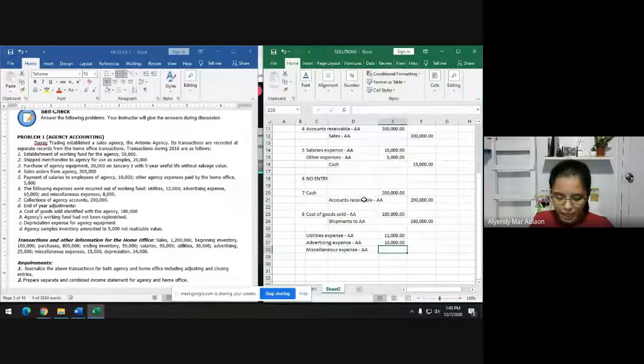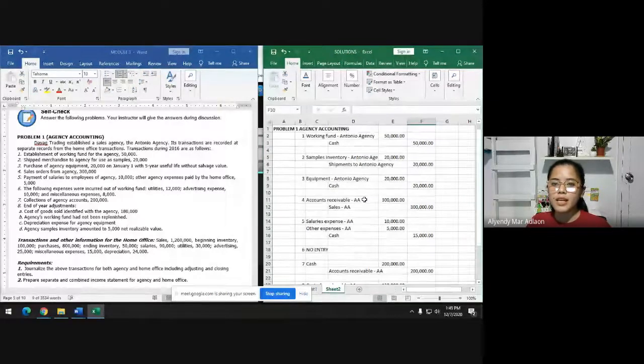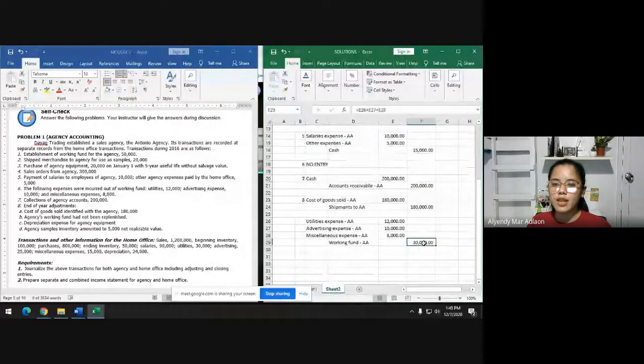So class, again, if it is replenishment, we record the expense and then credit cash. If it is not replenished, what we are going to do is deduct the balance of the working fund. So debit working fund, Antonio Agency. Okay, we have 12,000 plus 10,000 plus 8,000, that is 30,000 pesos. So as of this moment, how much is the balance of the working fund? 50,000 minus 30,000, the balance is 20,000.